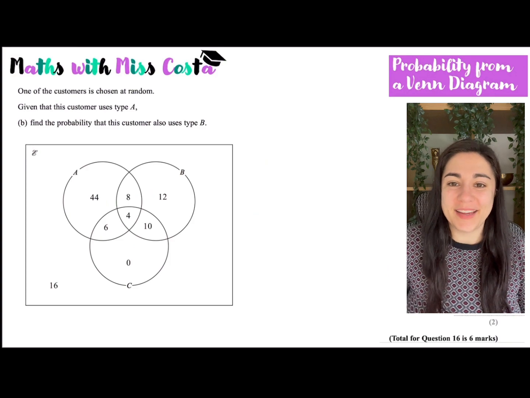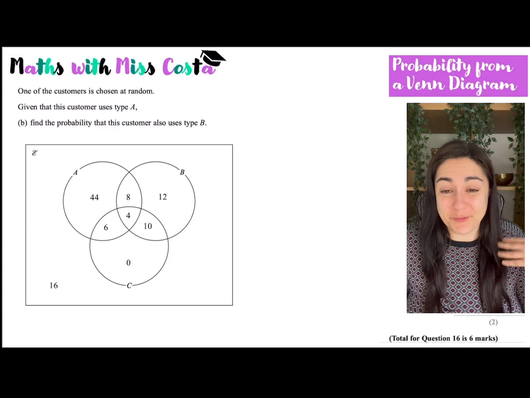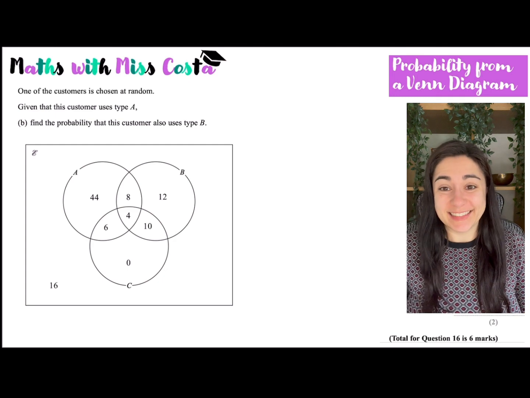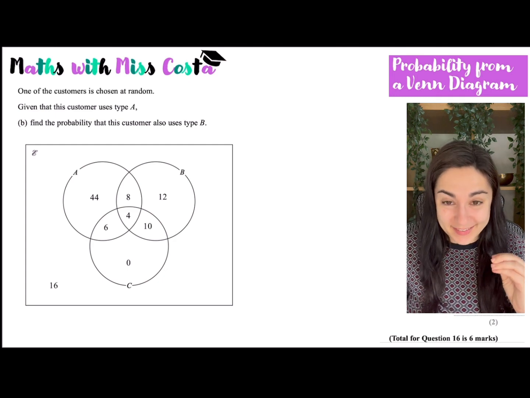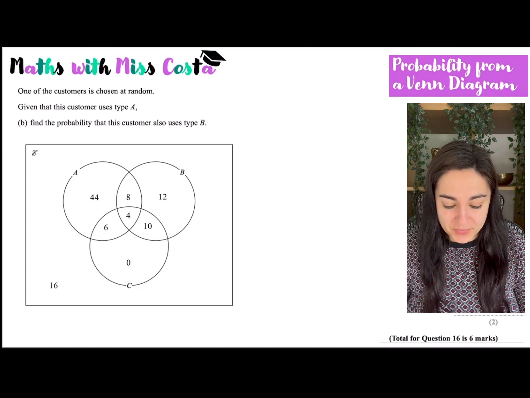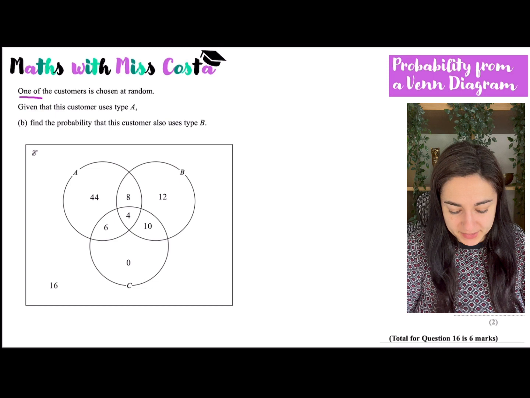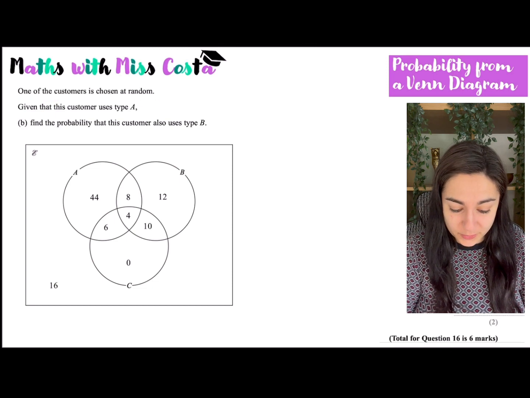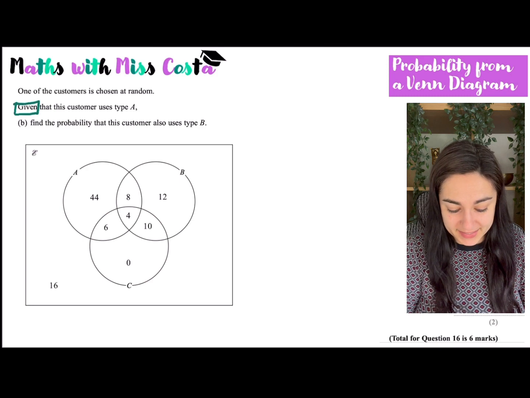Okay, so now we are being asked to work out the probability from the Venn diagram. Now this question is frequently done incorrectly because people don't read it carefully and they don't know what certain language means. So we are told that one of the customers is chosen at random, okay? But then we are told this key word here, which is given.